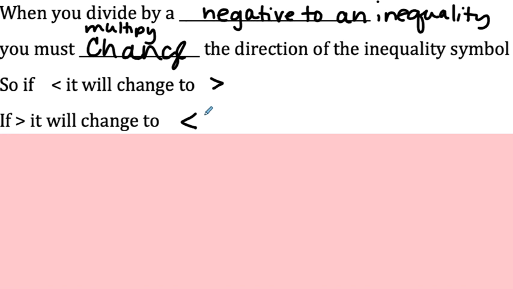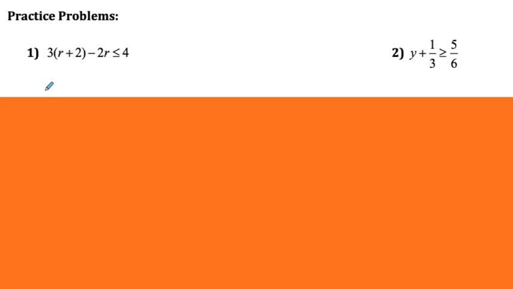Okay, so now right below this, you'll see that there are 6 practice problems. I'd like you to solve each of these, and then I'd like you to check your answers. So I'm going to give you the answers now, but I want you to check them afterwards. For the first one, the answer is r is less than 10. For number 2, y is greater than or equal to a half.